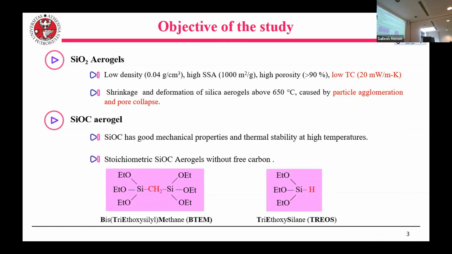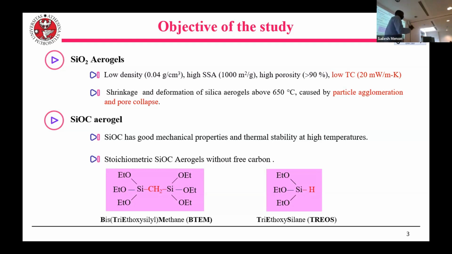But one of the limitations of silica aerogel is that it cannot be used for high temperature applications, because during heating above 650 degrees centigrade there is sintering, and during sintering there is very high shrinkage due to particle agglomeration and collapse.